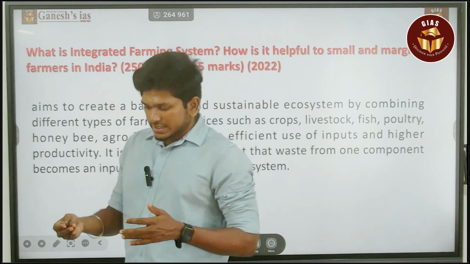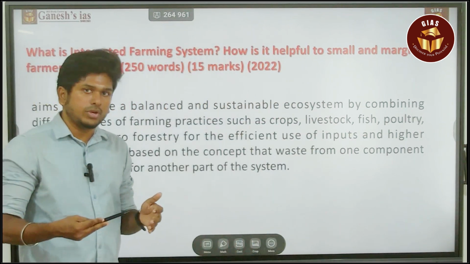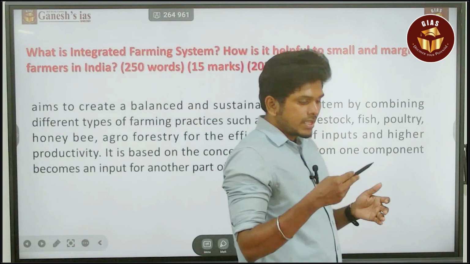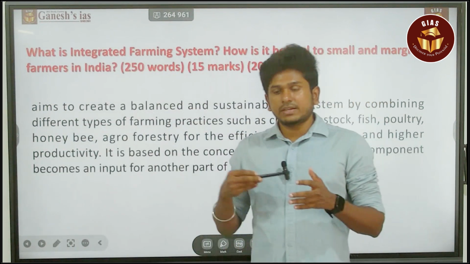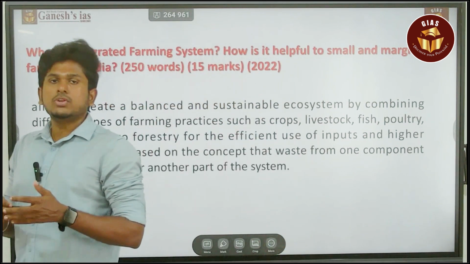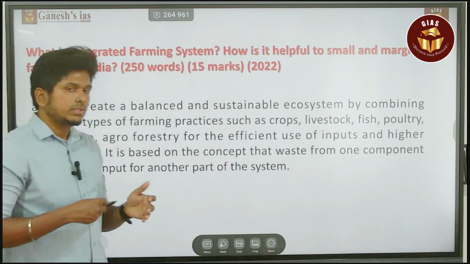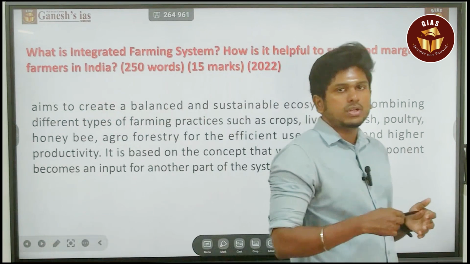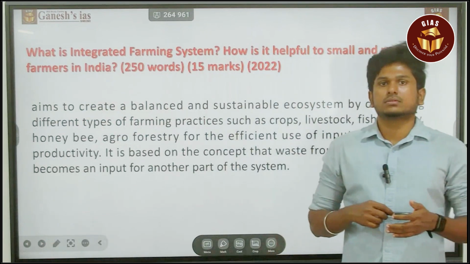So by the way, you are recycling the waste into the input for another component. And also, for example, you may have a poultry farm. So the poultry, what they will do is they will reduce the weedicides. They will act as a weedicide. They will reduce the weed growth in your field. So that also happens. So this is how you will reduce the input cost.